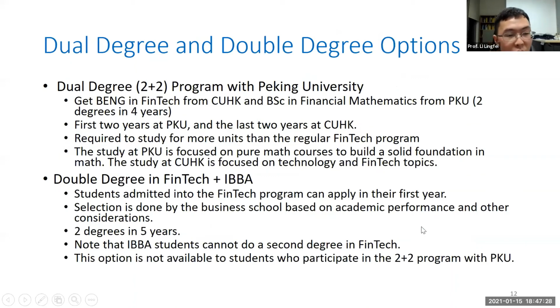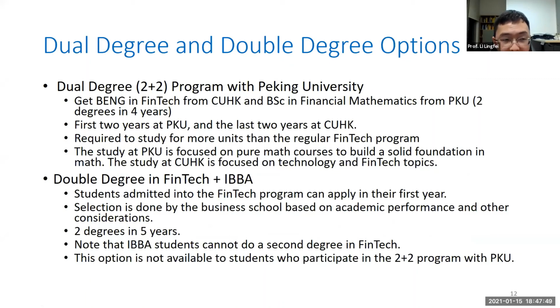Our program also offers a dual degree program with Peking University, and a double degree option in FinTech and IBBA. Because of time, I cannot really present the details for you.